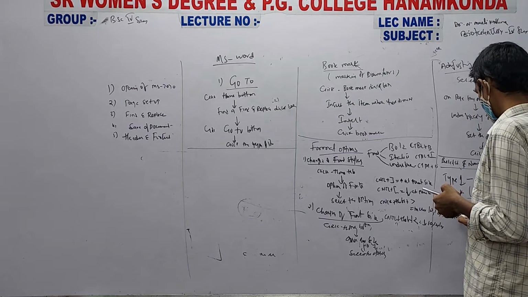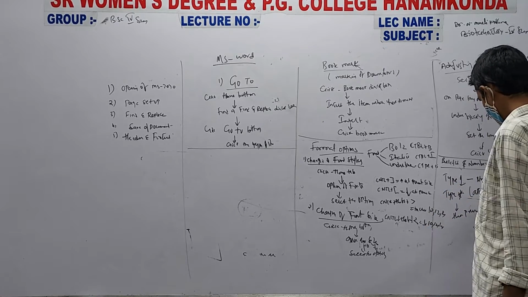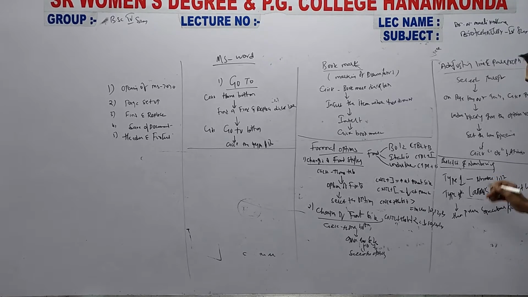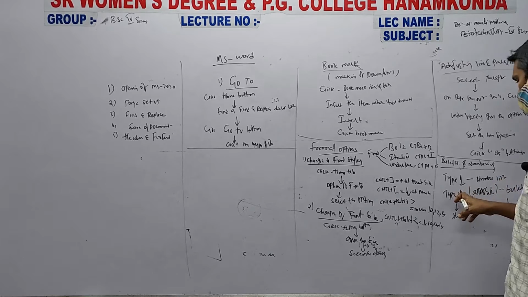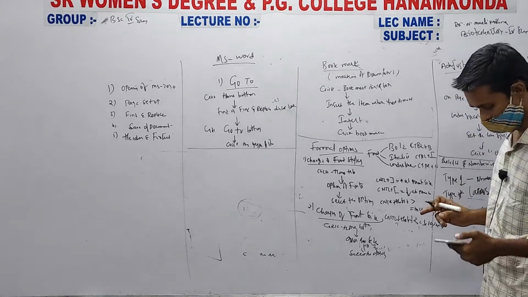And then press spacebar or tab to give the bullets. So type 1 to give the numbering or type an asterisk to give the bullet list.